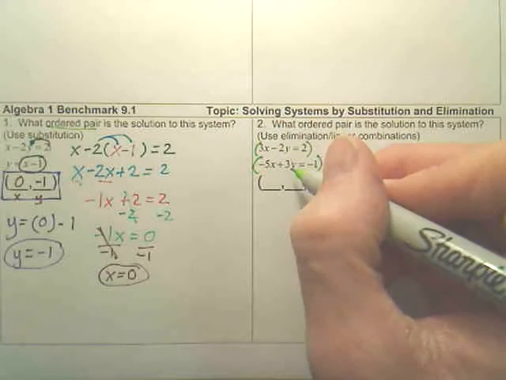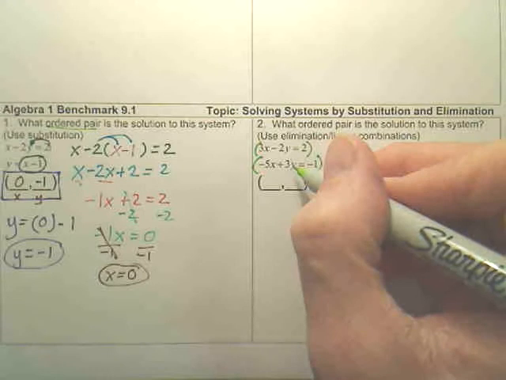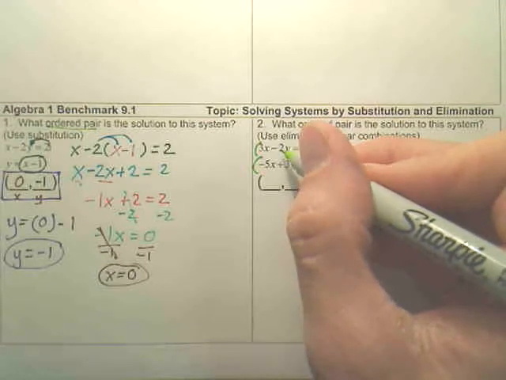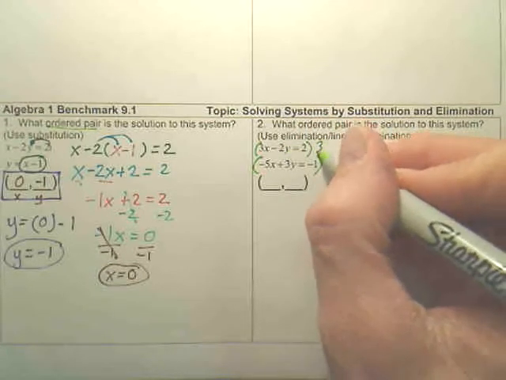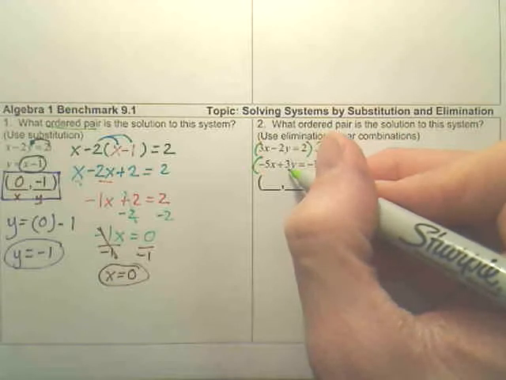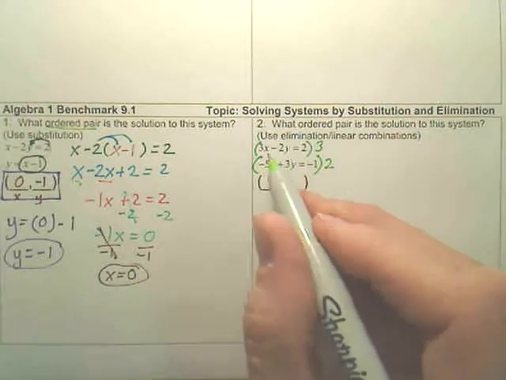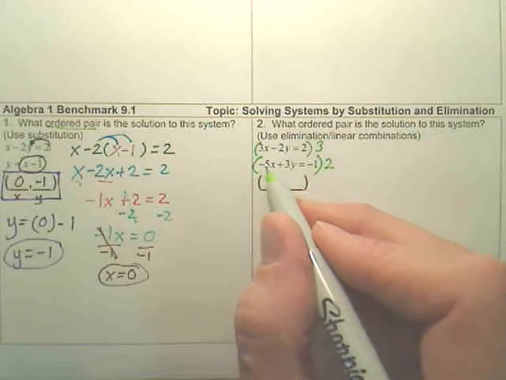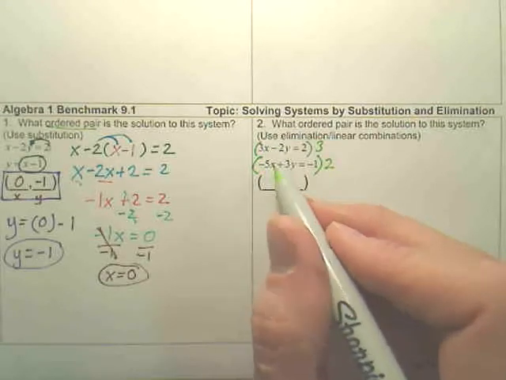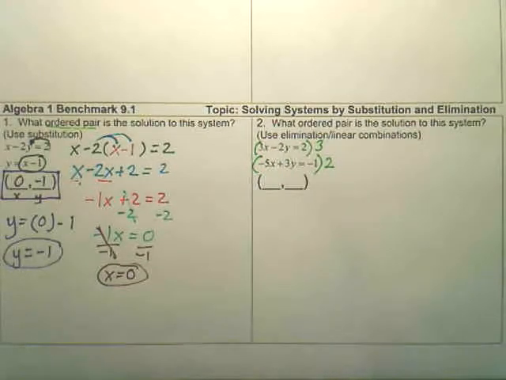Do 2 and 3 both go into 6? So what do I need to multiply negative 2 by to make it a 6? 3. What do you need to multiply 3 by to make it a 6? 2. Could I have also made a 5 here and a 3 here to cancel the x's? Yes. But I chose these numbers.